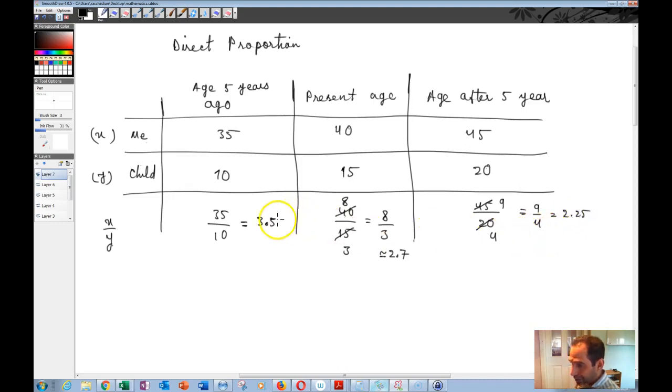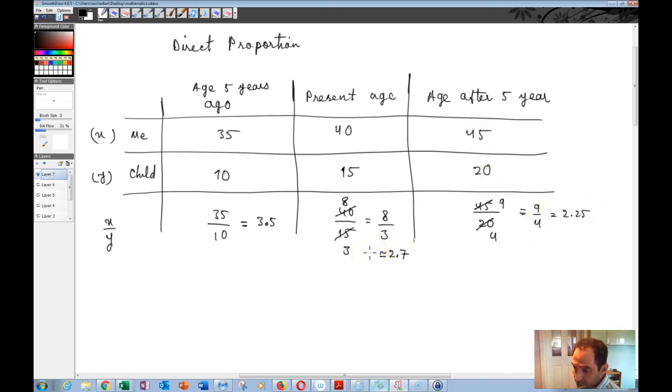So you see that these two variables are changing together. My age and my child's age are changing together, but they're not changing proportionally. So this is not an example of direct proportion, because here x to y is 3.5, here it is 2.7, and here it is equal to 2.25.